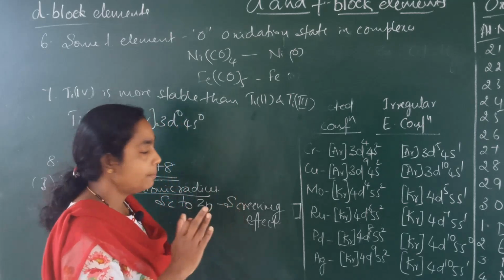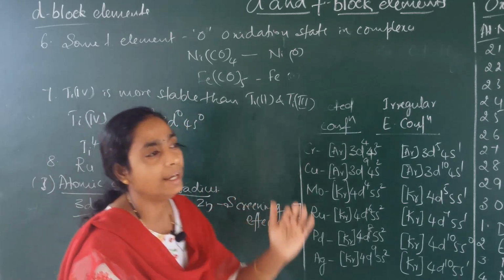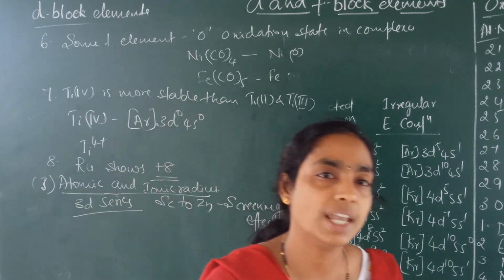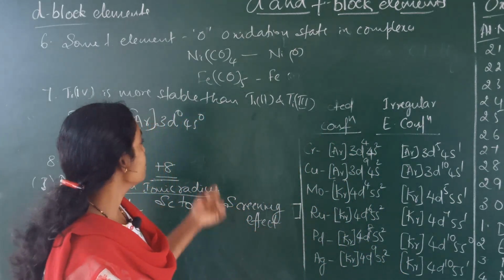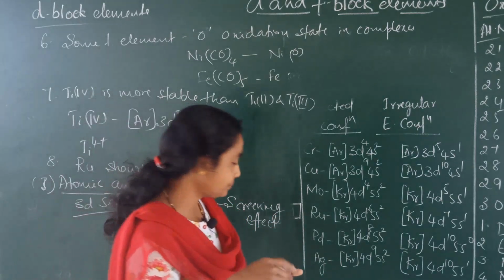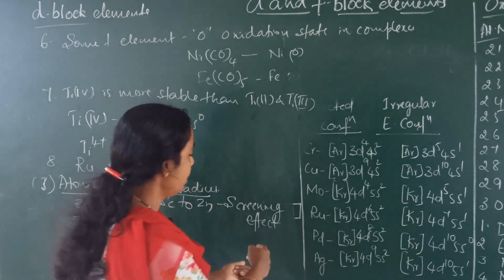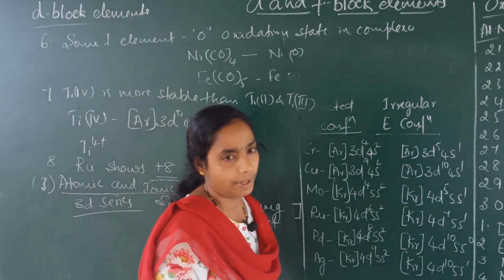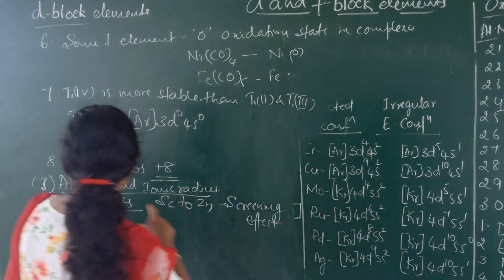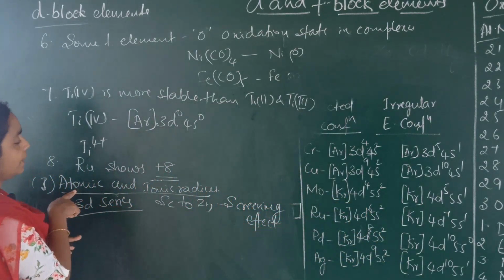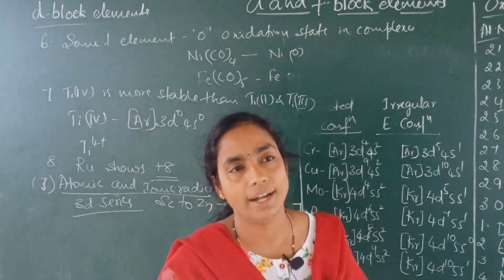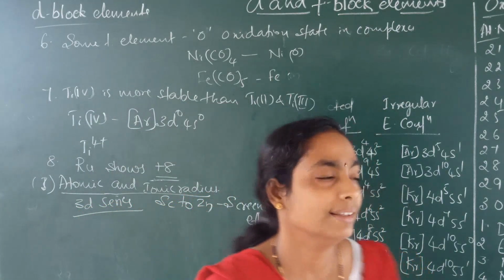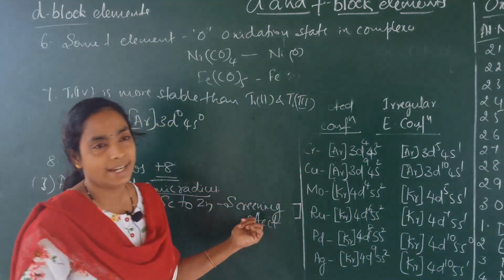Therefore, the elements after manganese show almost the same atomic radii, and the atomic radius of zinc is more than the atomic radius of copper. So, in the case of 3d series elements, the expected decrease in the atomic radius is not observed, because of screening effect.